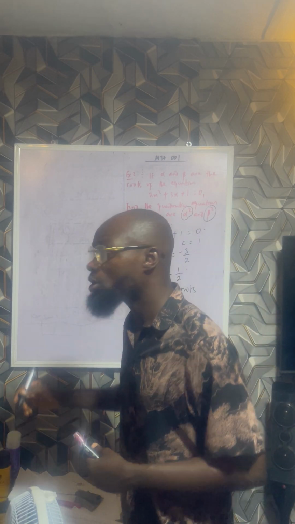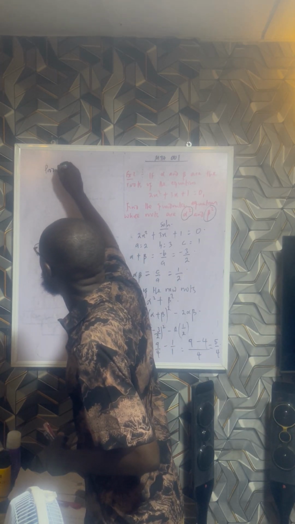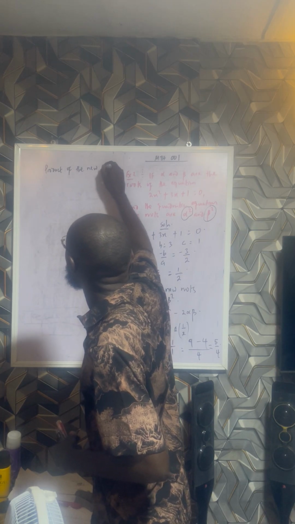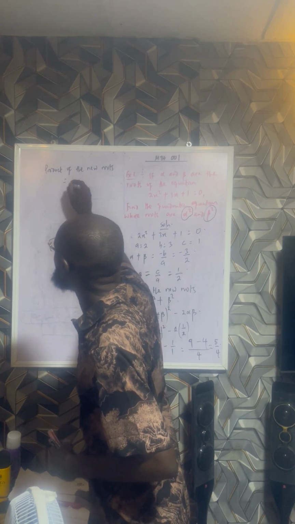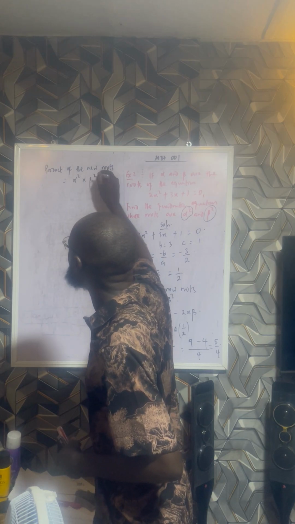We'll now look for the product of the new roots. The product of the new roots is alpha squared multiplied by beta squared.